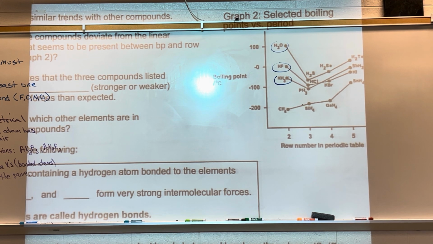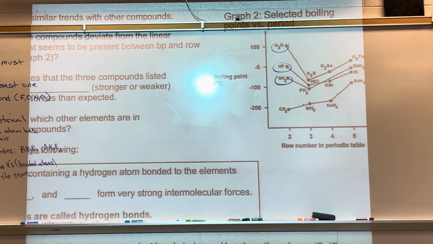Right? So then it says, what are the three listed? What does that mean about their attractive forces? Are they stronger or weaker? Stronger. They're stronger, right? So which other elements? What are the key elements here? Okay? So when you fill in this blank, both of these blanks say basically the same thing. What's it going to be? I use the acronym again, FON. We got F-O-N, and however you want it, the order doesn't matter, however you want to remember it, okay?